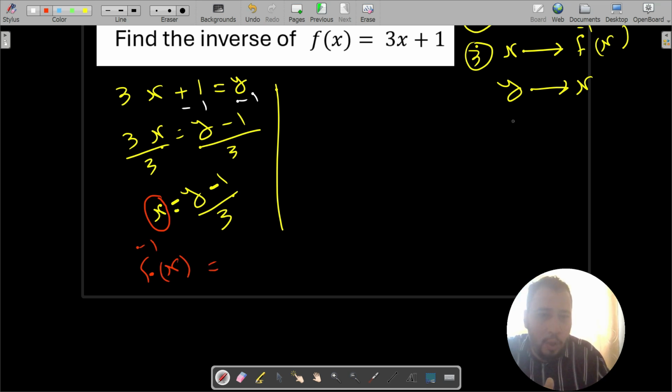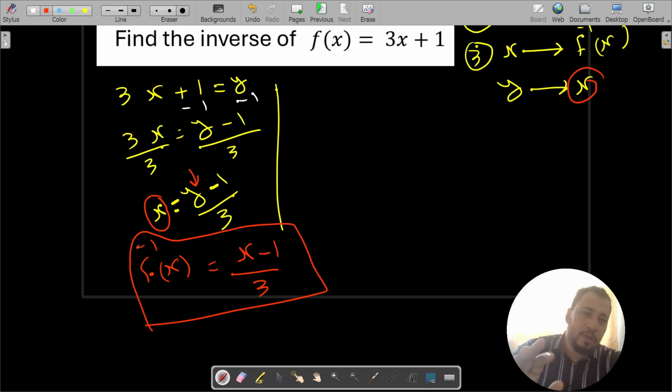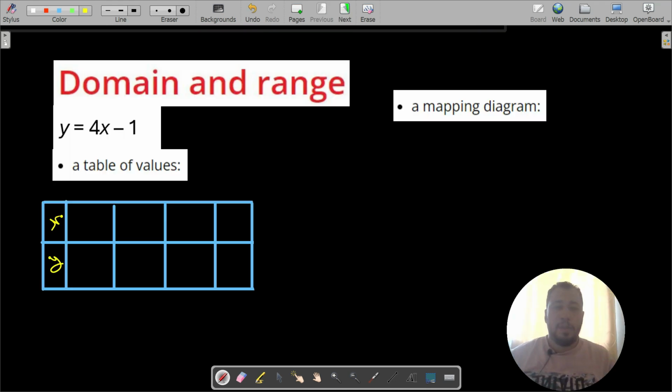And replace y with x. It's going to be x minus 1 over 3. And this is your final answer. I hope this part is okay for you. And if you have any problems, just pause the video and try to do it yourself once and twice, and with more practice you will find that it's very easy for you.